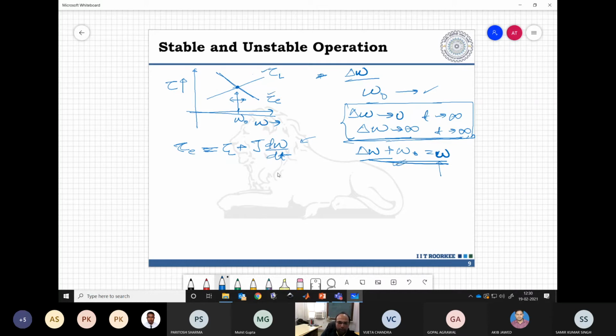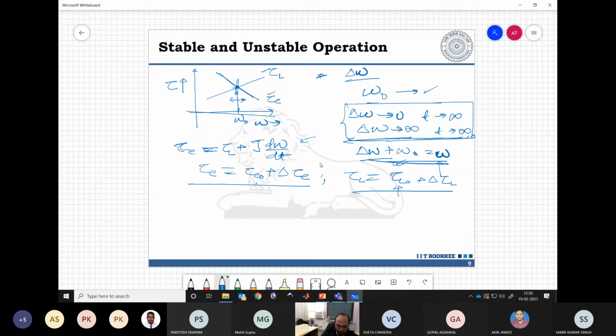So corresponding to this perturbation, the tau E may become something like this, where tau E naught is the value at the nominal operating point, and the tau L may become something like this.